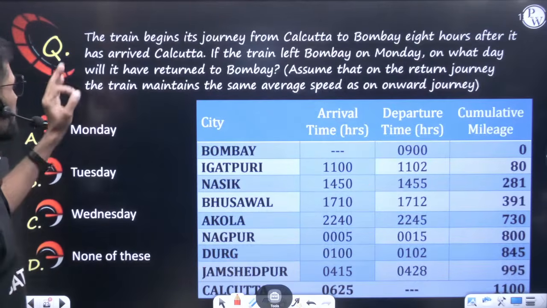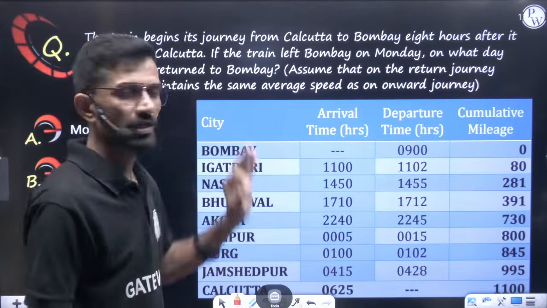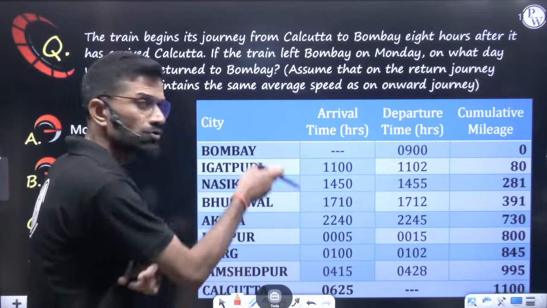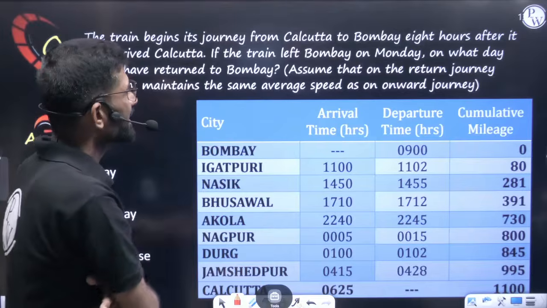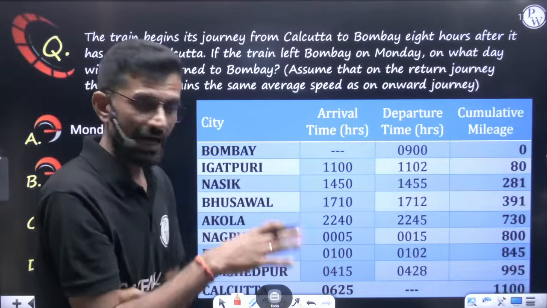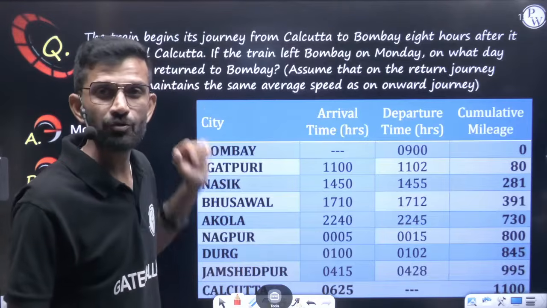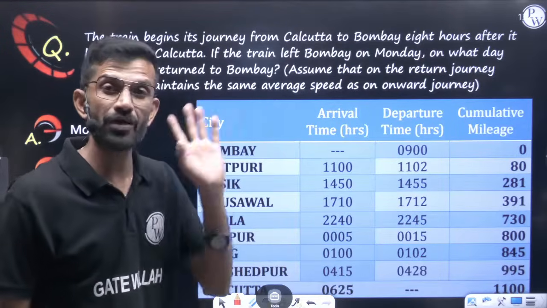Moving further next, the train begins its journey from Kolkata to Bombay, means reverse. 8 hours after it has arrived at Kolkata. After reaching Kolkata, same train again from Kolkata went back to Bombay after stopping in Kolkata for 8 hours.